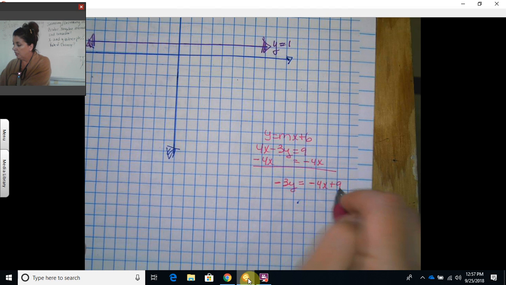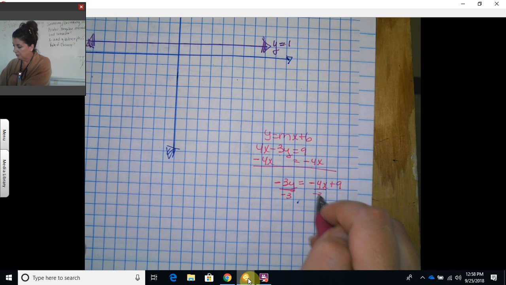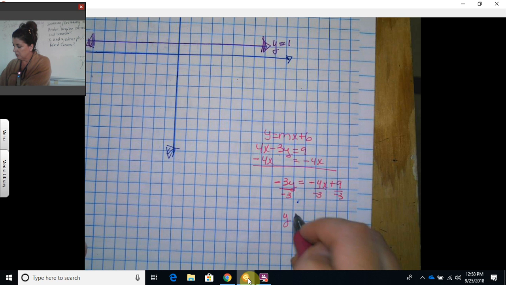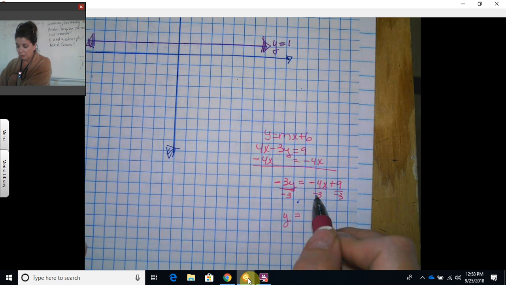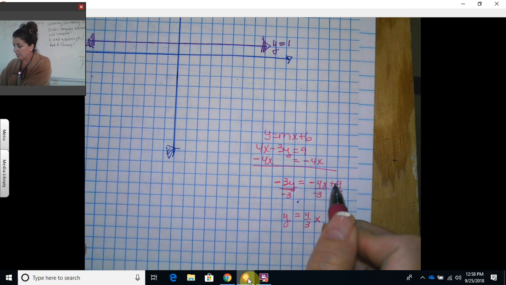Divide each term by negative 3. So that gives me y equals negative divided by negative is a positive. This is the coefficient of x, so I know it's going to be my slope, so I don't want to turn that into a decimal. So it would be 4/3 x. What's positive 9 divided by negative 3? Negative 3. So my y-intercept is negative 3.